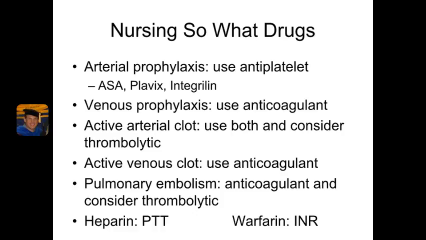If your patient is on heparin, monitor the PTT. If your patient is on warfarin, monitor the INR. When it comes to interpreting these two lab values, you've got to know the therapeutic values. If the patient's lab value is less than the therapeutic value, you raise the dose. If it's above the therapeutic value, you lower the dose. End of story.